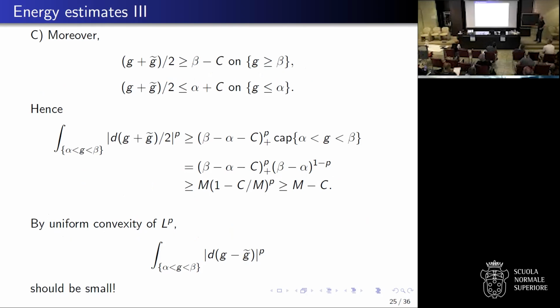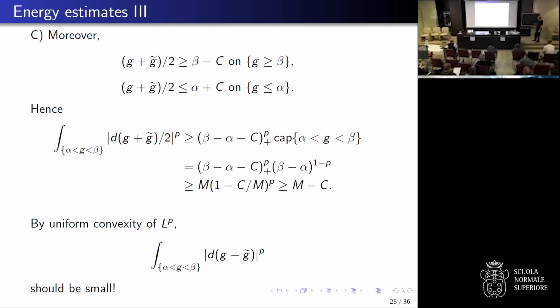If you feed this into the definition of capacity, think of the capacity of this condenser as the smallest energy that you can get with these kind of boundary values, right? And this guy here has to have an energy that is bigger than that. If you put this all together, then you get this inequality.